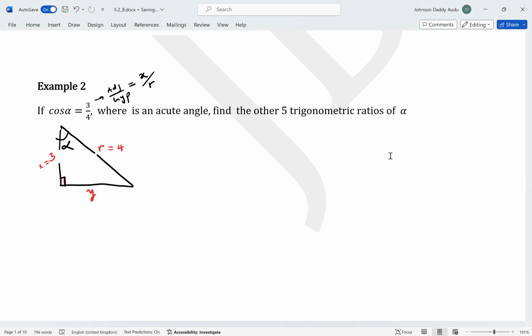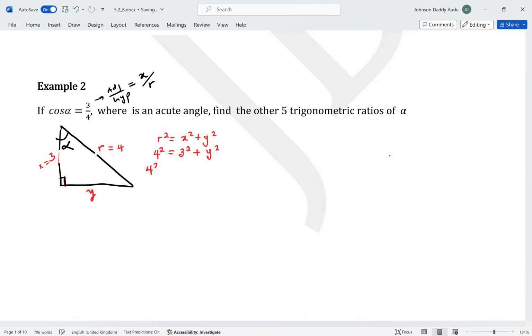Now we can use Pythagoras theorem to get the other side. Remember, r squared is equal to x squared plus y squared. So what is r squared? This is 4 squared equals 3 squared plus y squared.